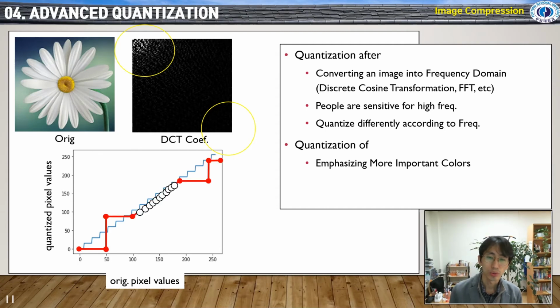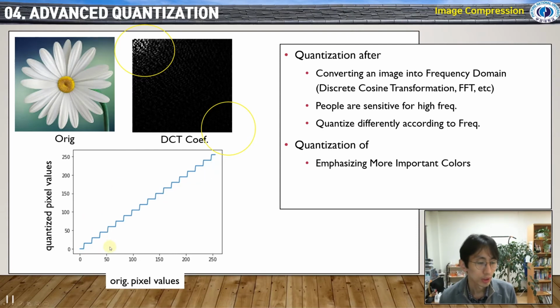So also we can quantize emphasizing more important colors. For example, in the naive quantization method, we choose the quantized values uniformly according to the y-axis.